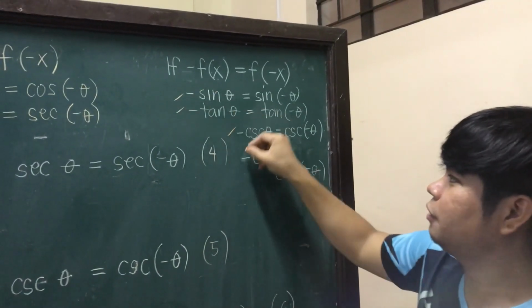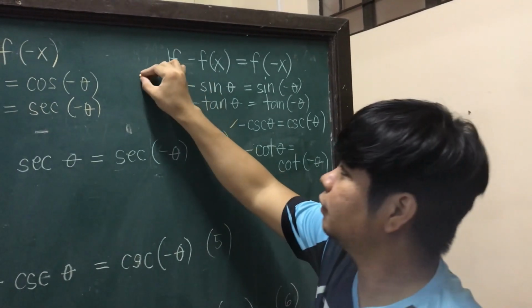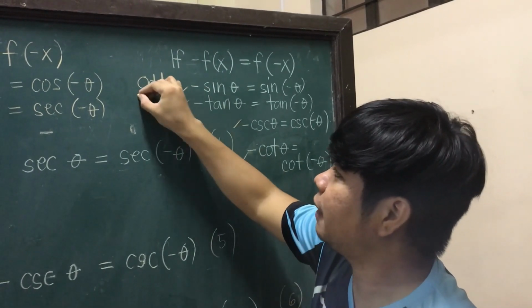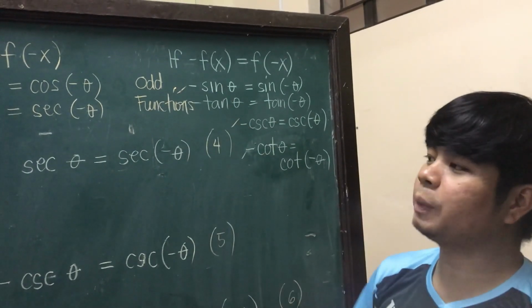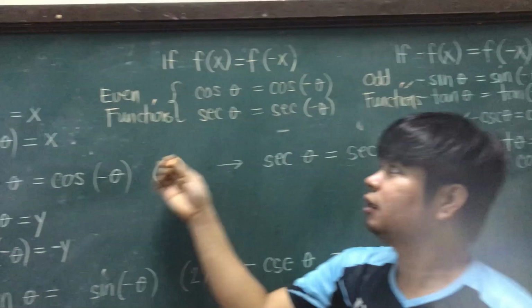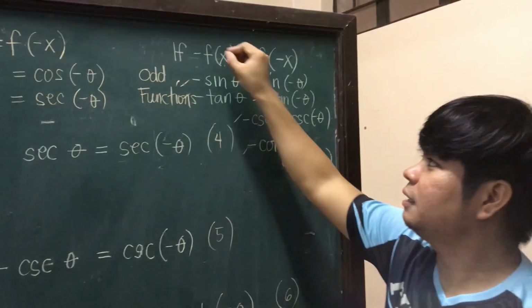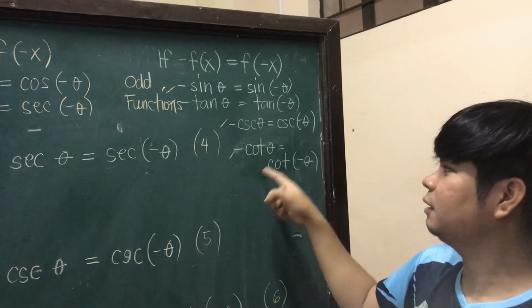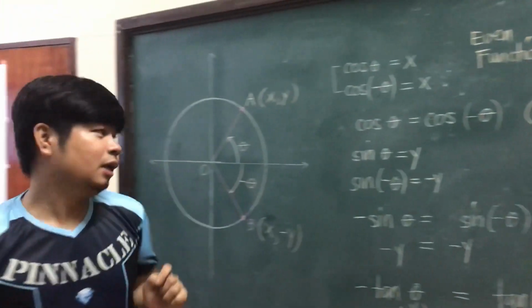These four trigonometric identities are what we call the odd functions. So we have the even functions, the cosine and secant, and the odd functions, sine, tangent, cosecant, cotangent.